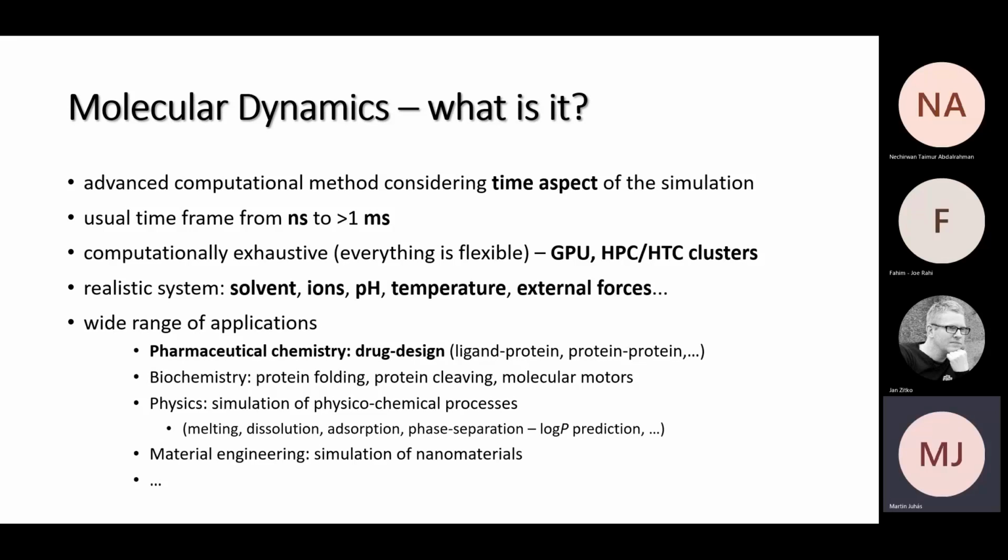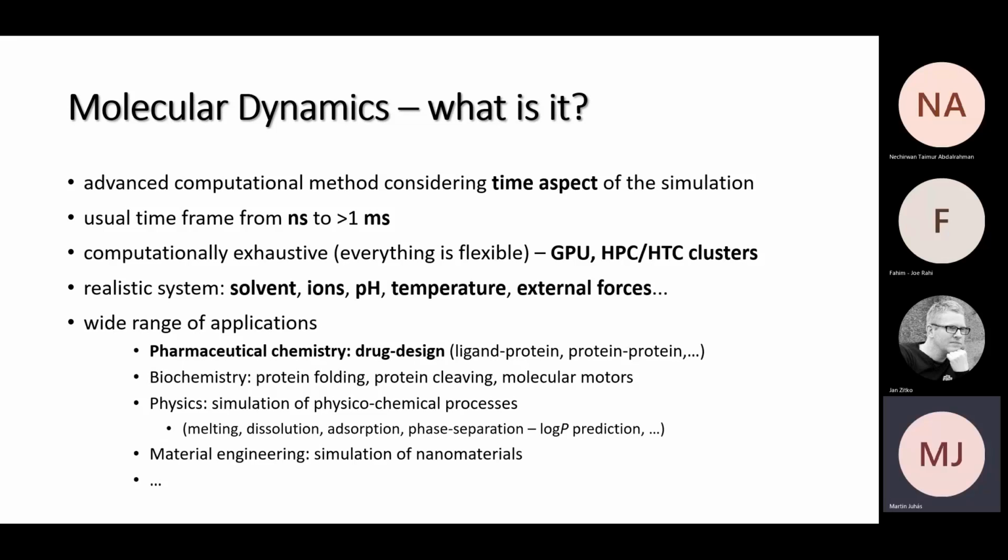Molecular dynamics is widely used nowadays in effectively all domains of science. For us, of course, in pharmaceutical chemistry, it is drug design. So you can computationally simulate the binding and unbinding of a ligand from and to a protein.